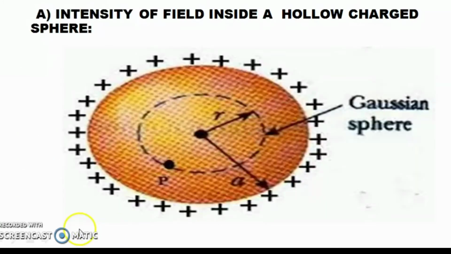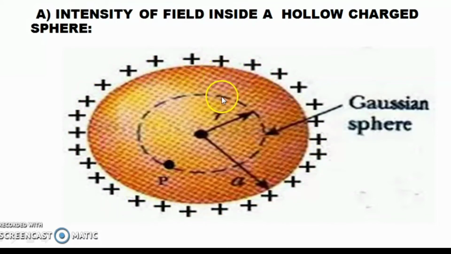Now let's see the first application of Gauss's law. Here we are going to find out the intensity of the field inside a charged hollow sphere. Here we have a hollow sphere whose outer surface is charged.